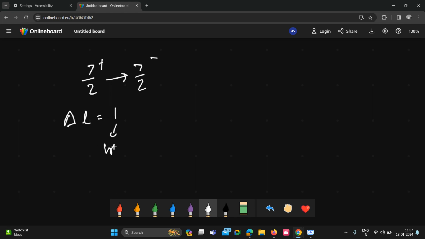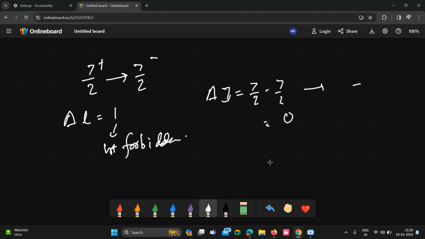That means it's first forbidden. Now del J is how much? 7 by 2 minus 7 by 2, so 7 by 2 plus. So this is 0, and also 1, 2, 3 up to 7. So 0 and 1, we will take 0 and 1.